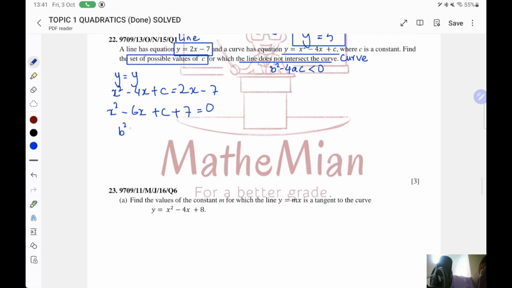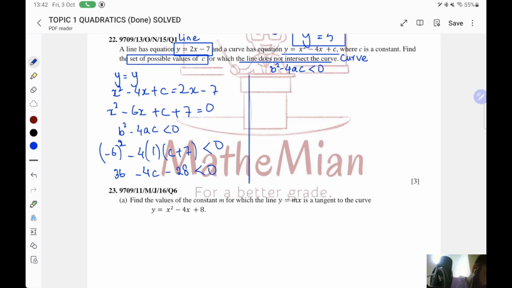So x squared minus 6x plus c plus 7 equals 0. So we know that b squared minus 4ac will be less than 0, and the value of b is minus 6. So 36 minus 4 times 1 times (c plus 7) less than 0. So 36 minus 4c minus 28 less than 0.